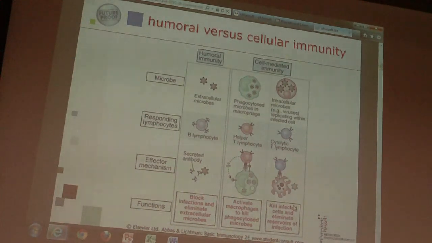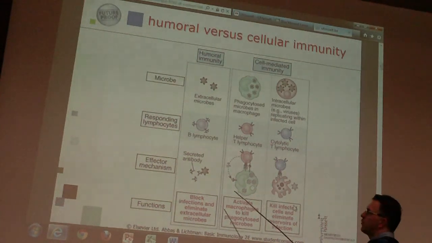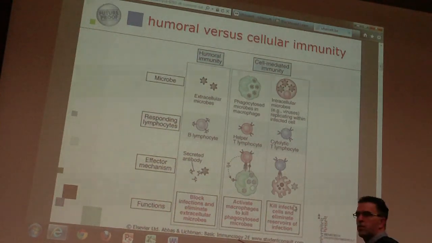Why does the immune system have those two types of immunity? Well, depending on your microbe, you need another response. If you have a viral infection, you don't really have too much use of antibodies. So you need a cellular response. Why?